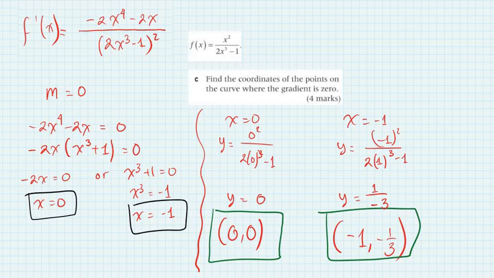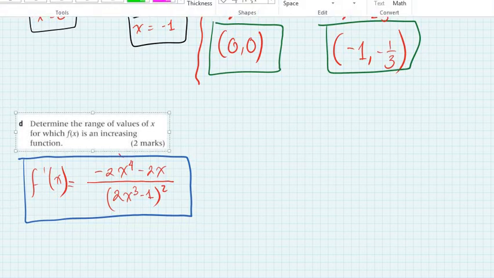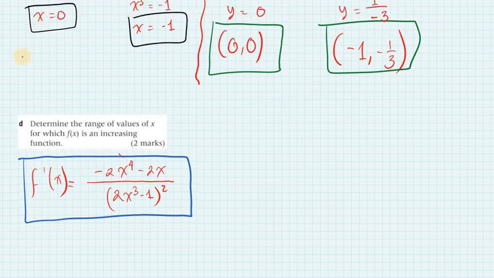Okay, for question D, let me take the question. For question D, we have to find the range of values of x for which f(x) is an increasing function. What is the meaning of that? The meaning of an increasing function is that the gradient, or the m, should be more than 0.